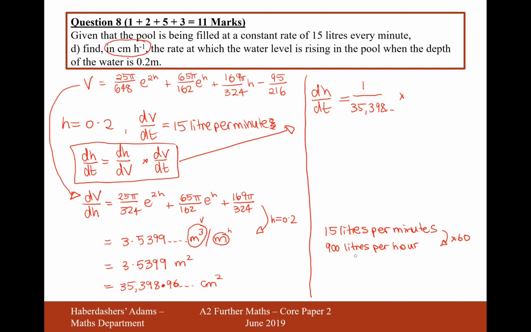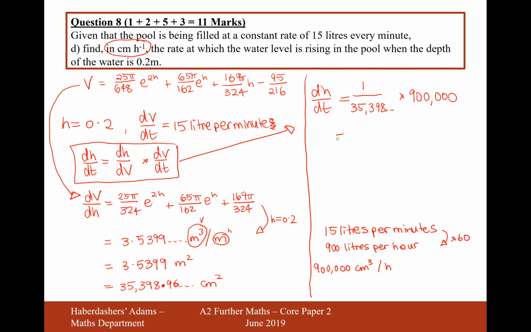And now the conversion for litres is 1,000, so it's going to be 900,000 centimetres cubed per hour, and that's exactly the right unit that we want here. So dV by dt is equal to 900,000.